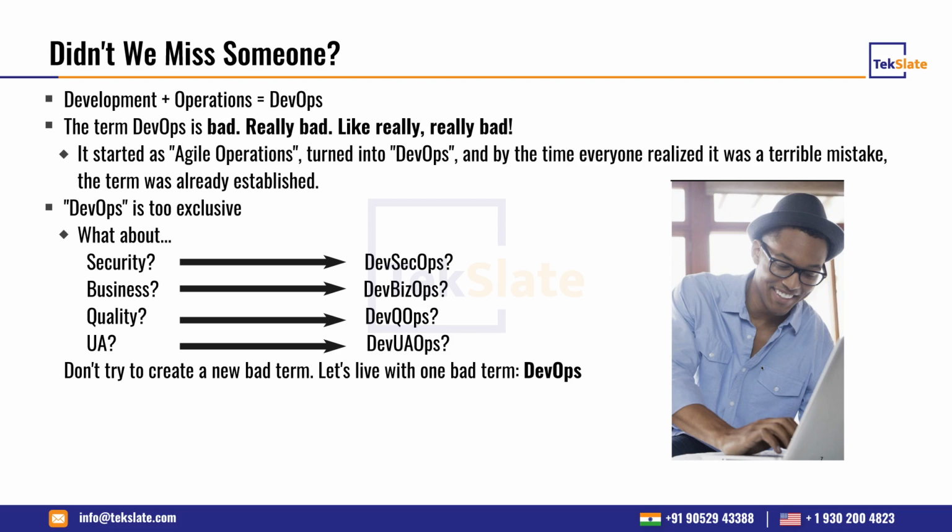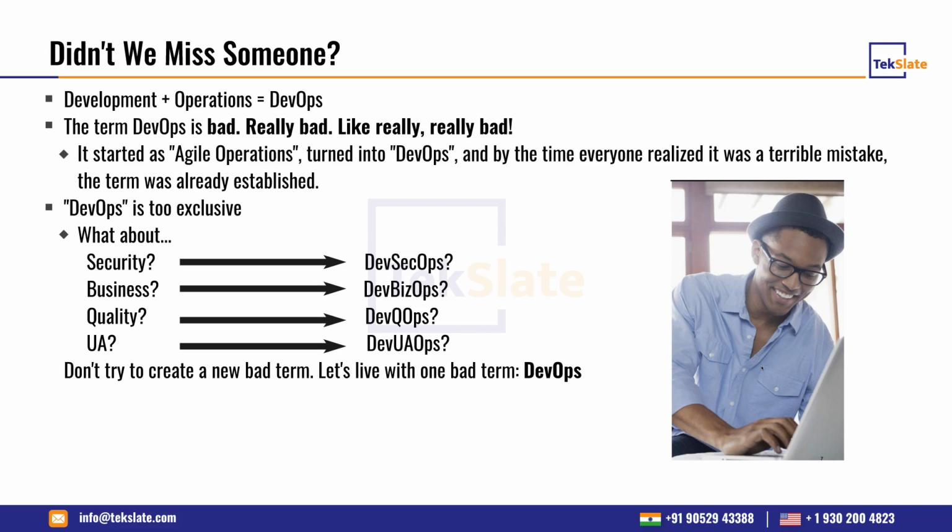But you've probably heard a lot of buzzwords. To be honest, we start with development operation and DevOps. Someone put this name, and the term is really bad, because it started as agile operations in the initial days, and then it turned into DevOps. By the time everyone realized it was a terrible mistake, it was already established.